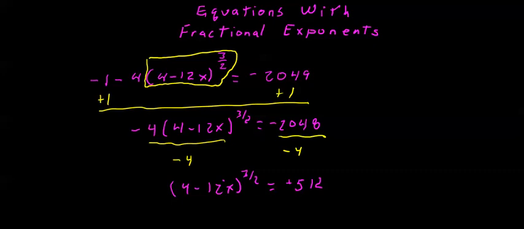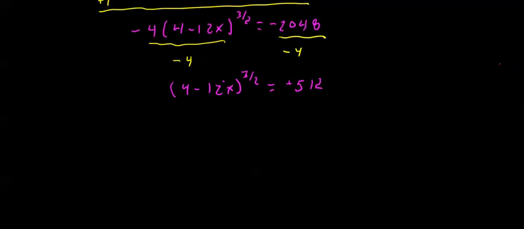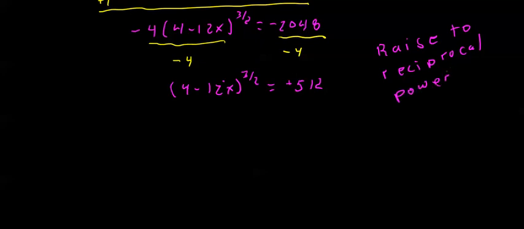Now, this is the part that's just a little bit tricky. We want to get rid of the exponent. So what we do is raise both sides to the reciprocal power. The reciprocal of 3 halves is 2/3.